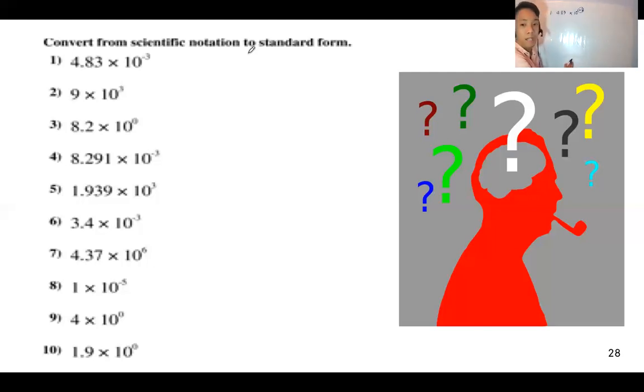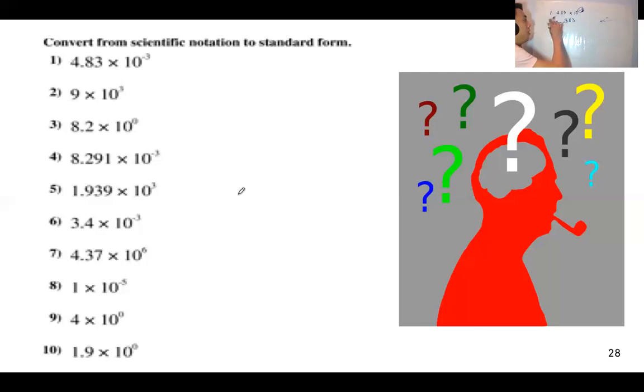Left or right. We need to move this left or right. Left. Okay? So move tayo ng left. 4.83. We need to move 3 times. So from here, 1, 2, 3. Ito yung ating point.